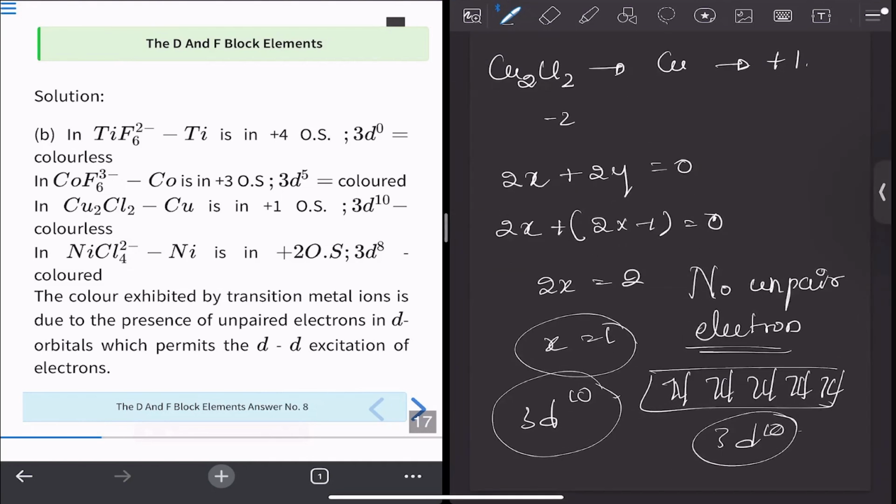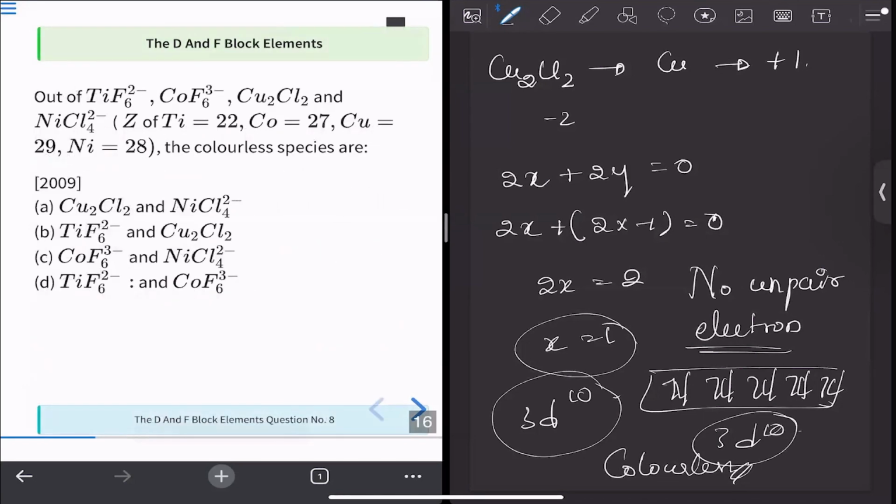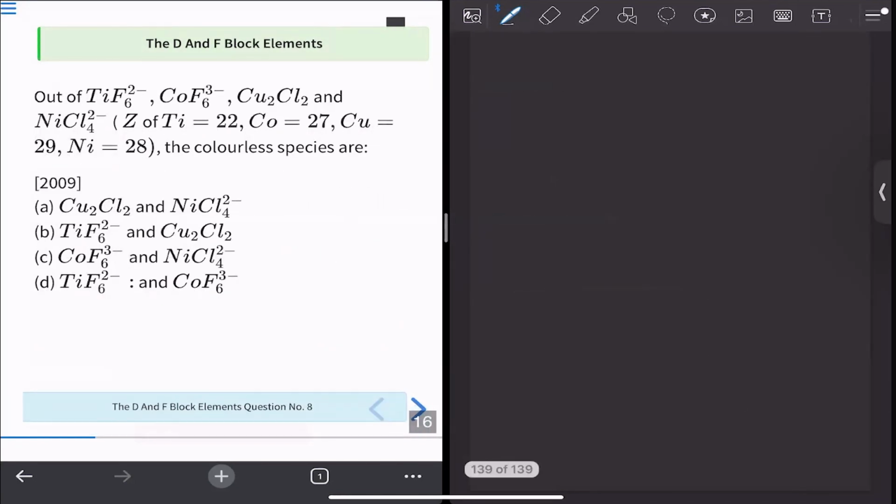There is no d-d transition. So it is colorless.